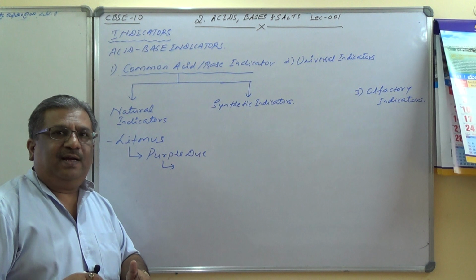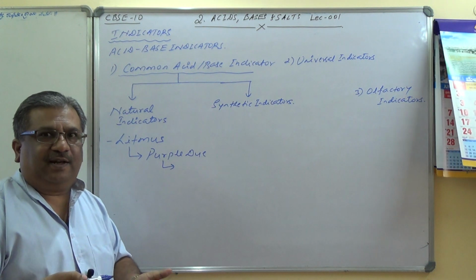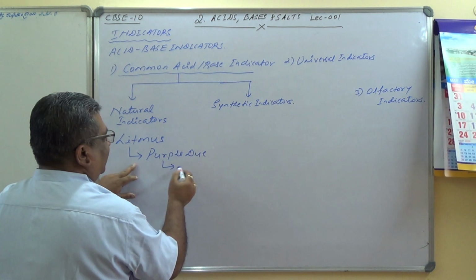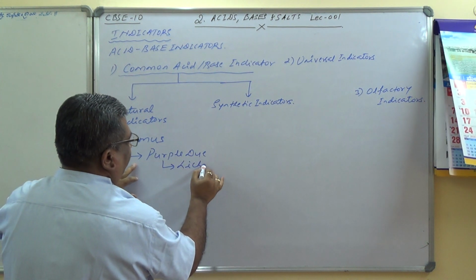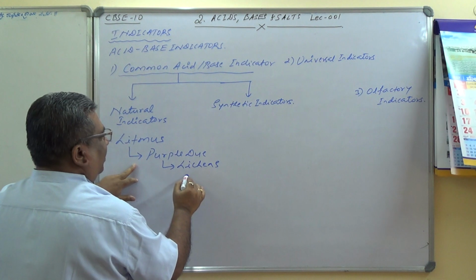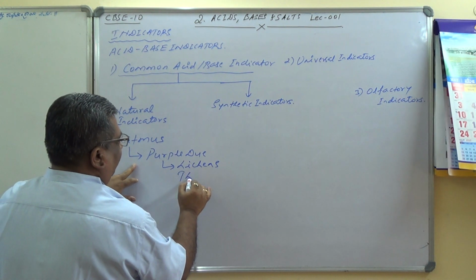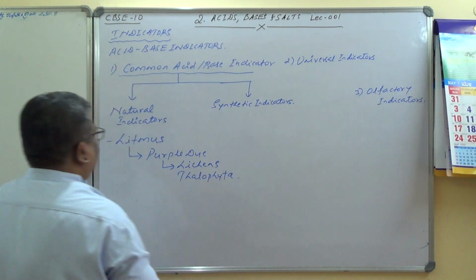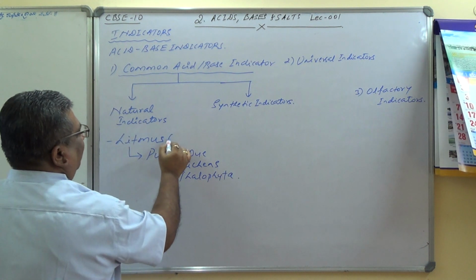Fungi and algae living together in a symbiotic relationship are called lichens. So this purple dye is extracted from lichens, which belong to the division Thallophyta. And litmus solution is purple in color.